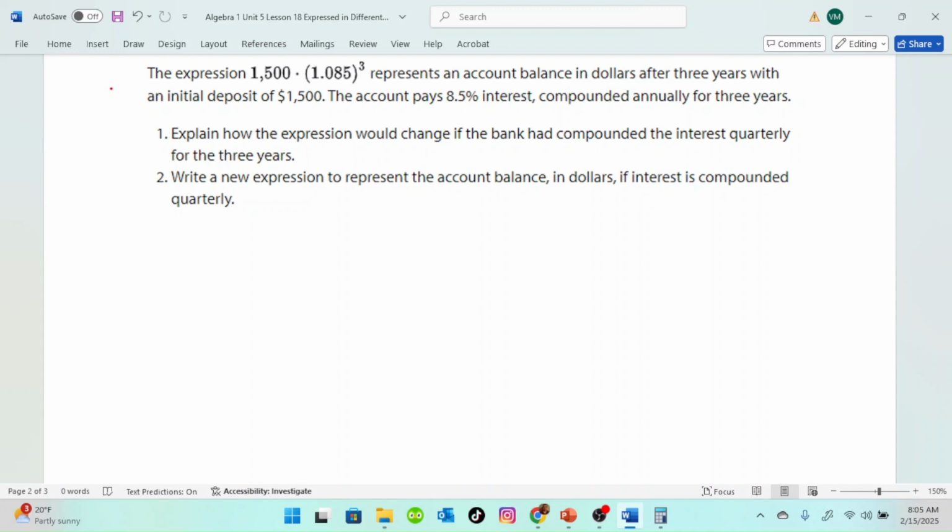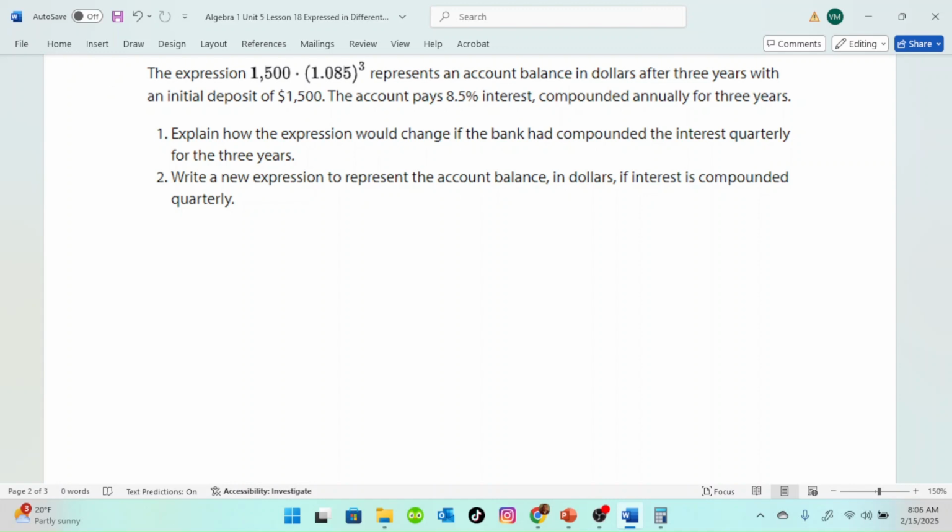The account pays 8.5% interest compounded annually for 3 years. Number 1, explain how the expression would change if the bank had compounded the interest quarterly for 3 years.